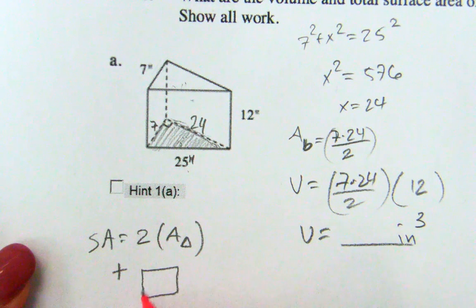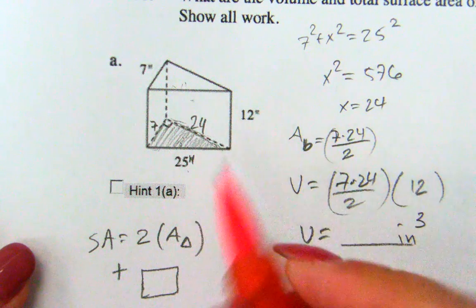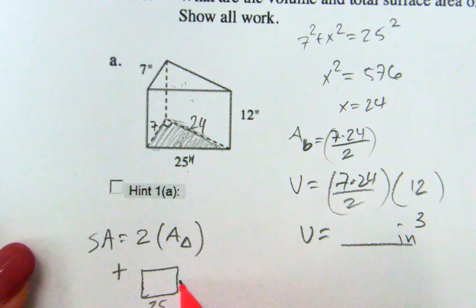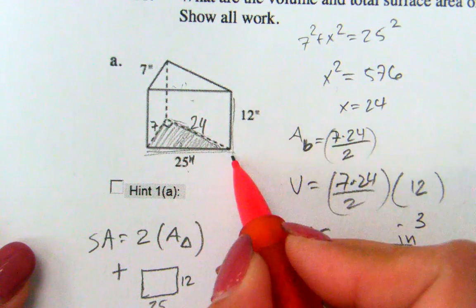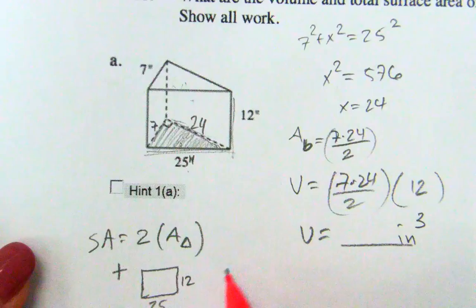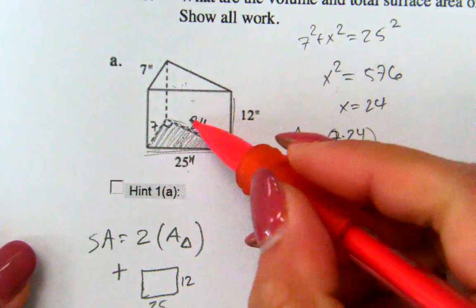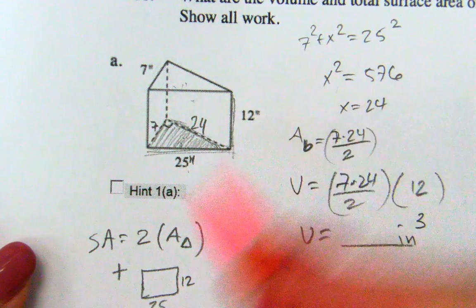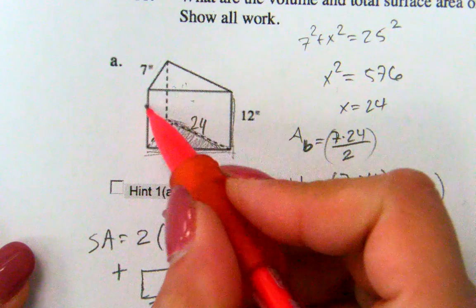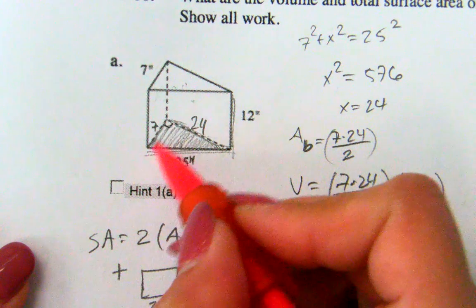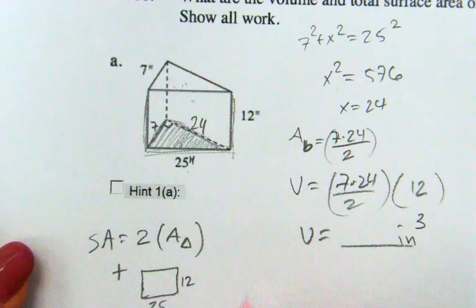1 piece, I'm going to take the front piece, that's 25 by 12. That's the front side because it's 25 by 12. The back side, so plus the back side, which is going to be 24 by 12, plus this little part right here, which is going to be 7 by 12.